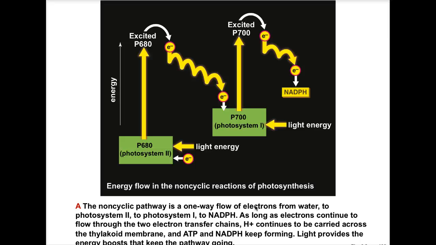Here's a little different view of the first few steps of the light-dependent reactions. We can see here this was photosystem 2, and the P680 basically means that the average wavelength of light that the pigment molecules in this photosystem absorb is 680 nanometers, and in photosystem 1, P700, it's 700 nanometers.